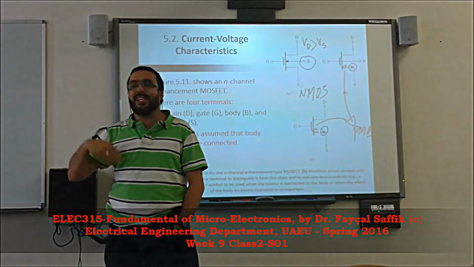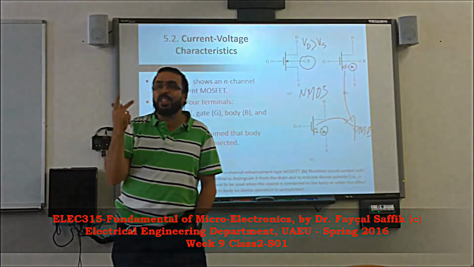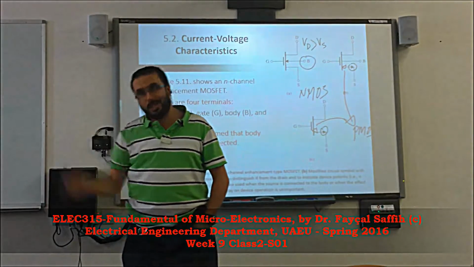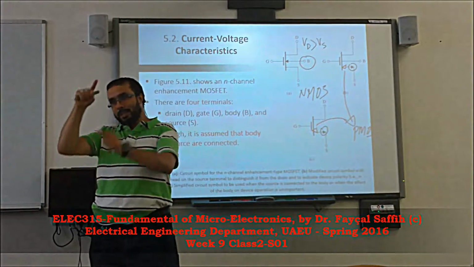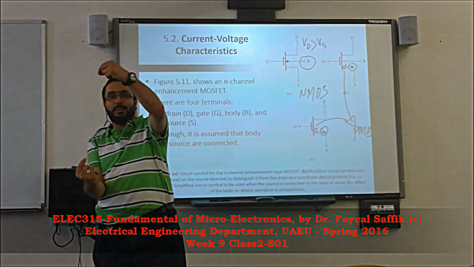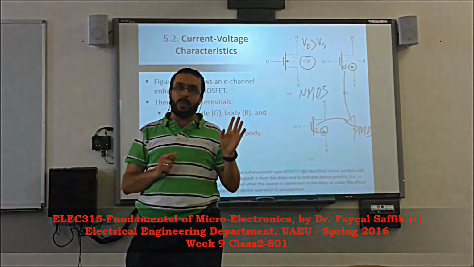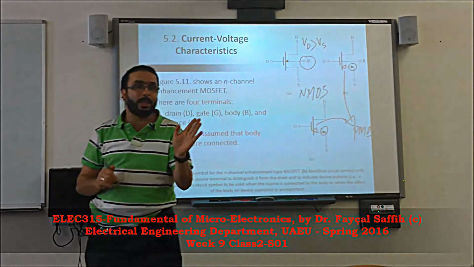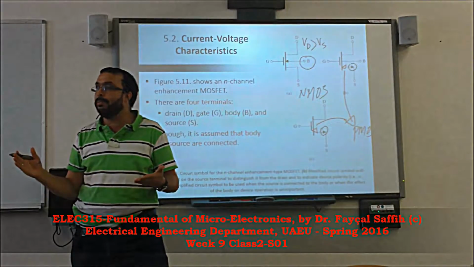So the terminal that has higher voltage automatically becomes the drain. Now if the voltage flips and the source becomes higher voltage than the drain, the definition will also flip. The source becomes drain and the drain becomes source. Do you understand? So the definition of source and drain in NMOS or PMOS is based on the voltages. It's not based on the physical structure, because physically speaking, they are the same. It's a symmetrical device, remember?